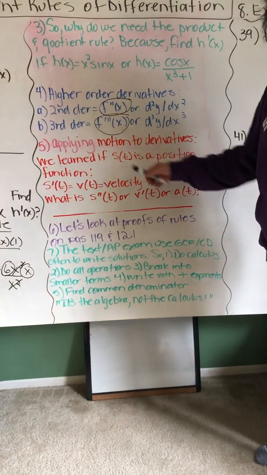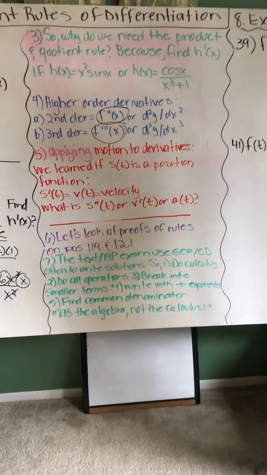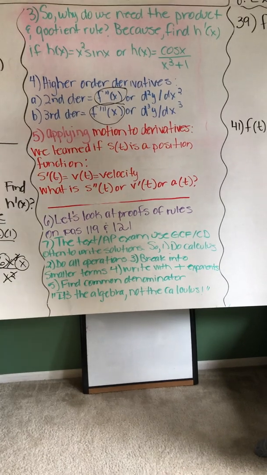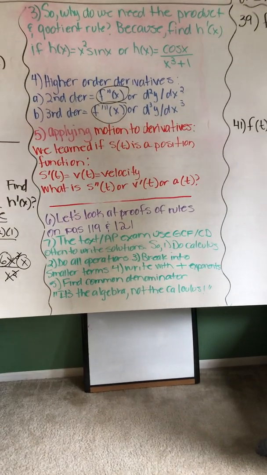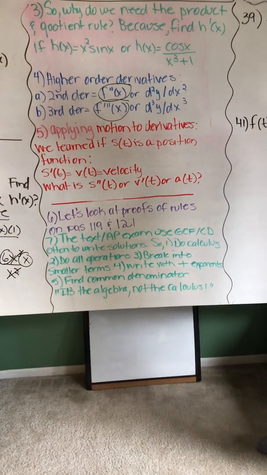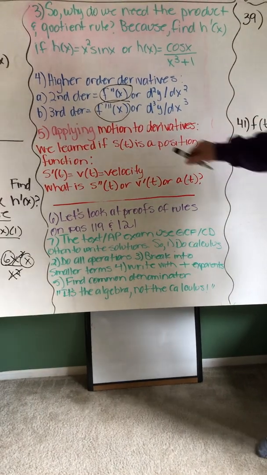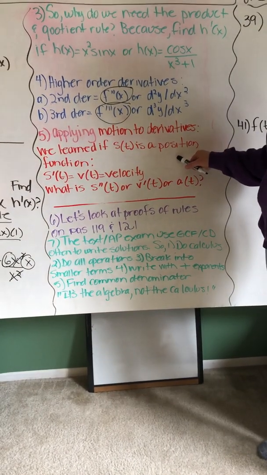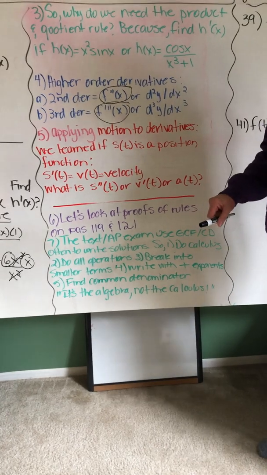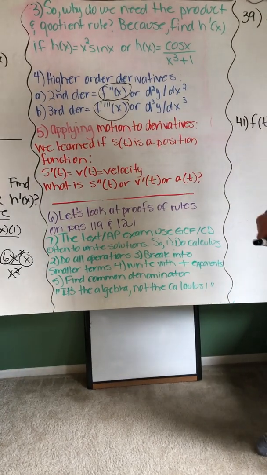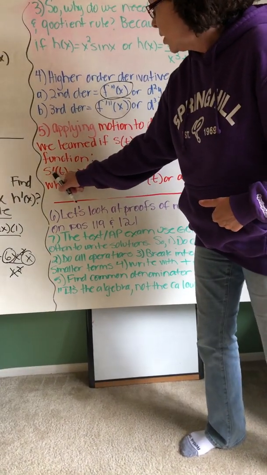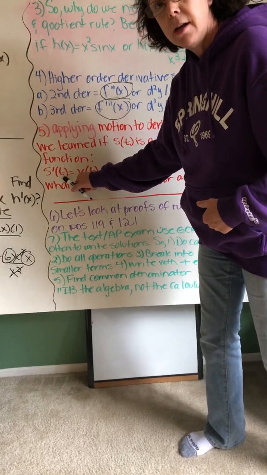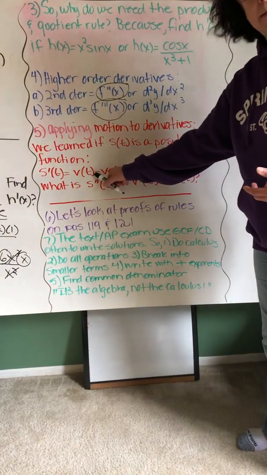So if you have a position function s of t, the book and the AP exam also use x of t and some other forms. If s of t is a position function, then the rate of change in your position, which is a derivative, we call that velocity, right?